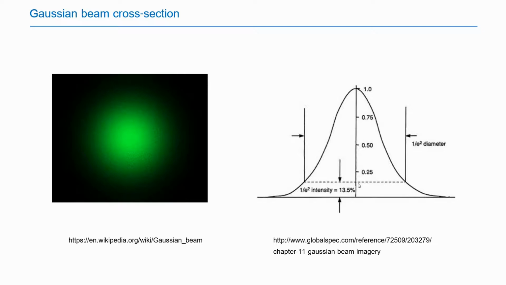Now that's about 13% of the peak power. If this is a real normal distribution or a real Gaussian distribution, then this is going to be a total width of 4 standard deviations. So one standard deviation takes you from the middle out to about over here.